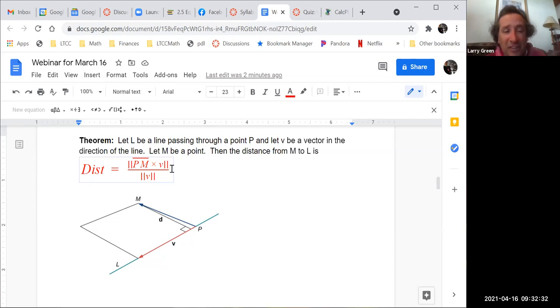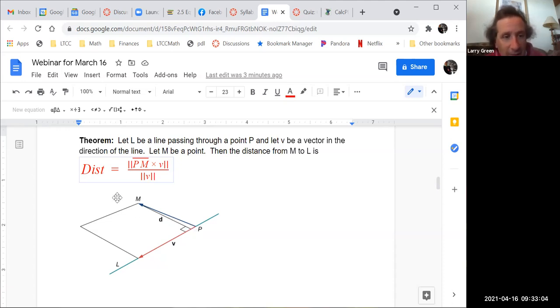All right, now you also, from way back when, not even pre-calc, learned that if you want to find the area of a parallelogram, you could do base times height. Do you remember that? I promise it happened, if you don't remember it. The base of the parallelogram is V, and the height is the distance from the point to the line.